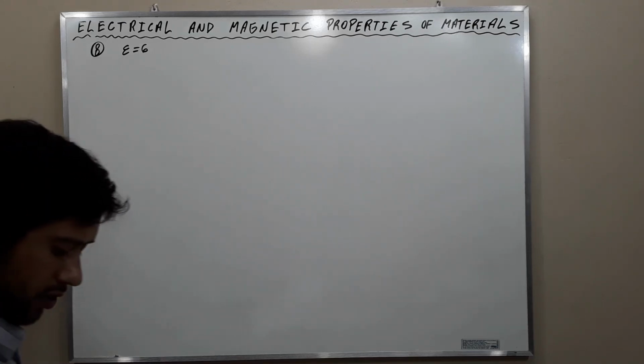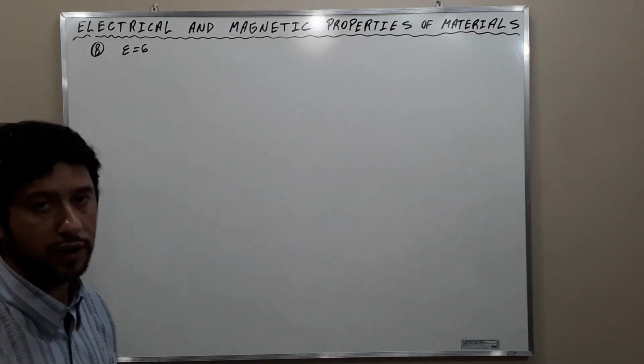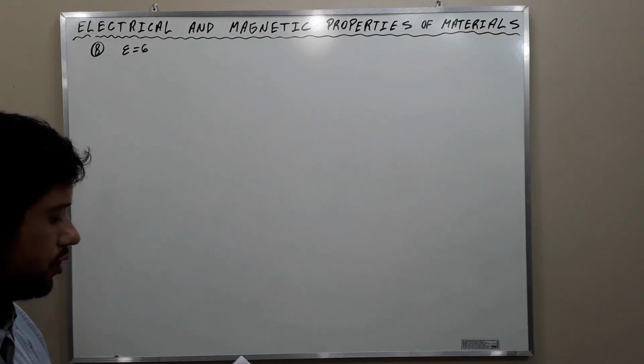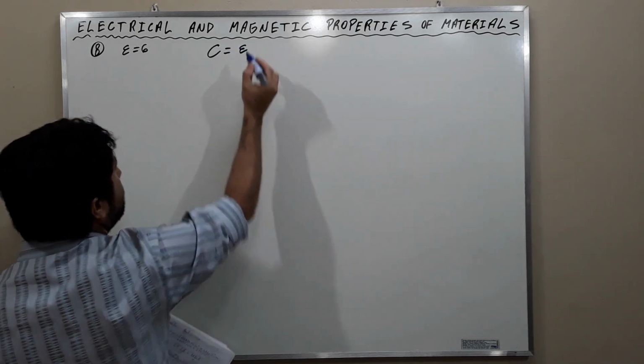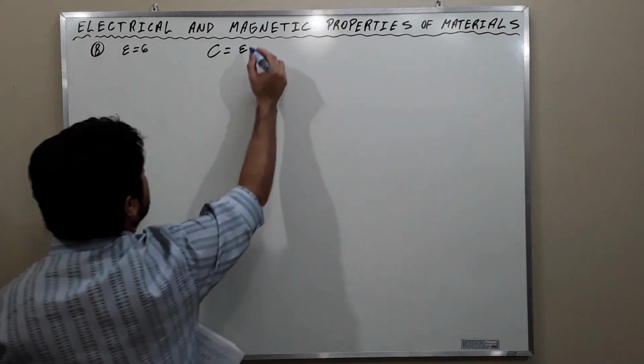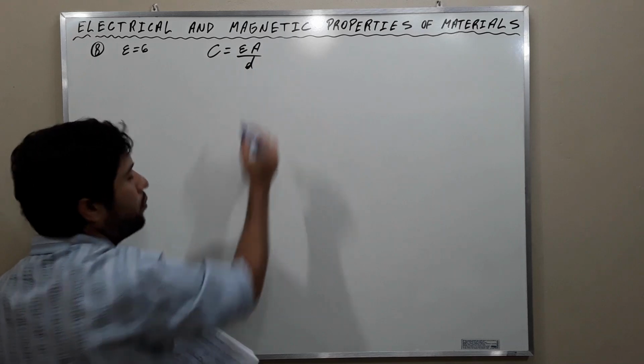Okay, to calculate the capacitance, we're going to use this expression here. The capacitance is equal to the permittivity times the cross-sectional area divided by the separation.